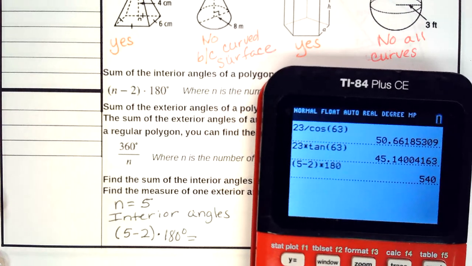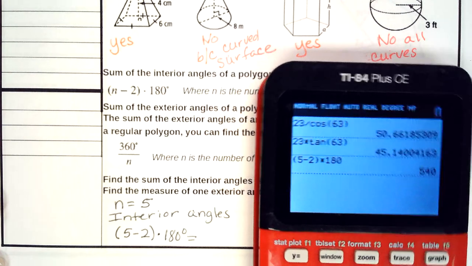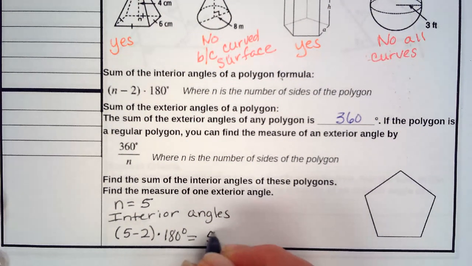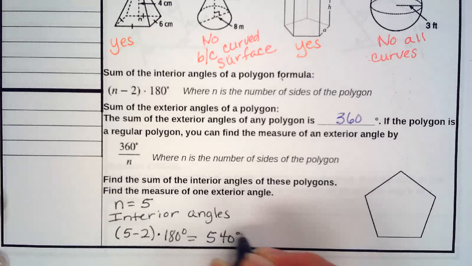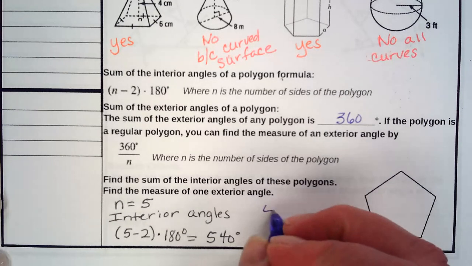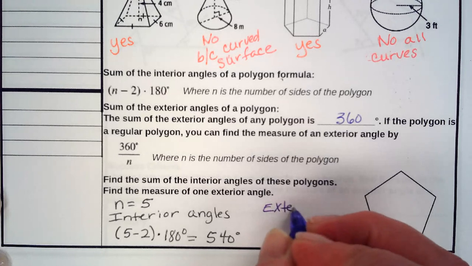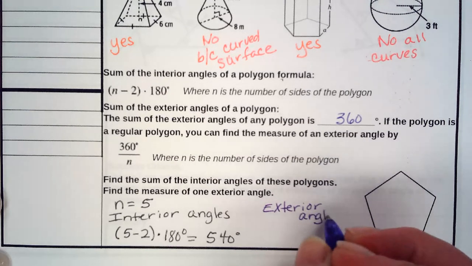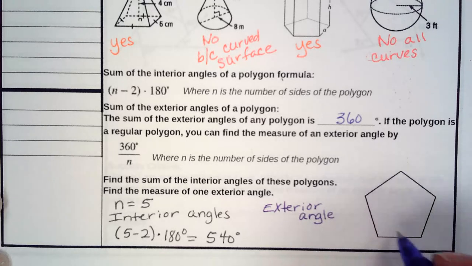It's 3 times 180 degrees, which is 540 degrees. Okay, for an exterior angle. And remember, this only works if it's regular.